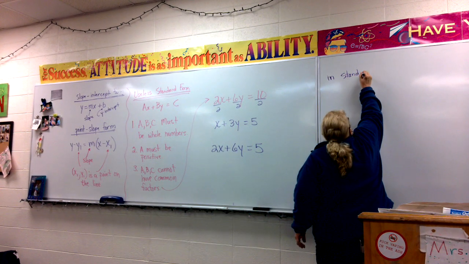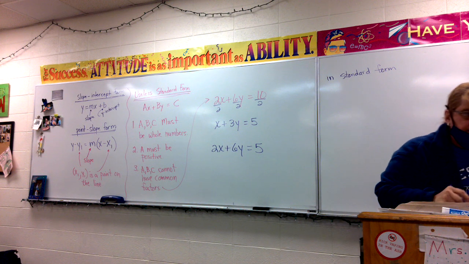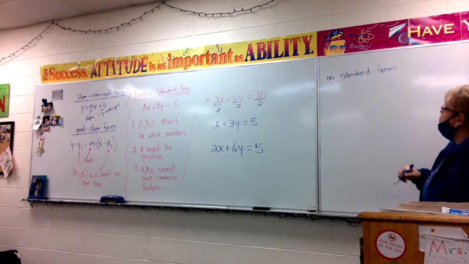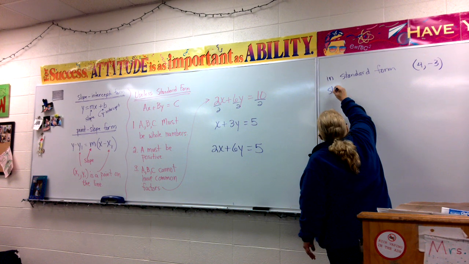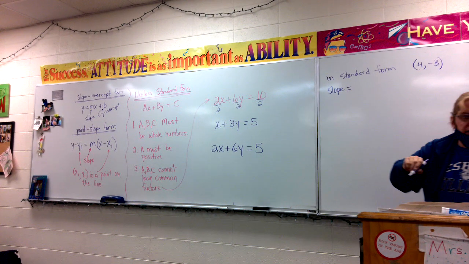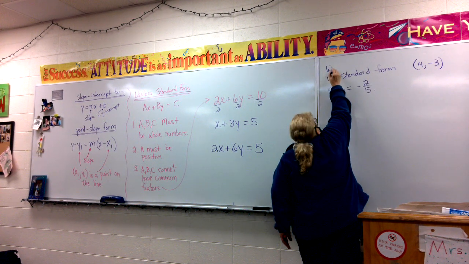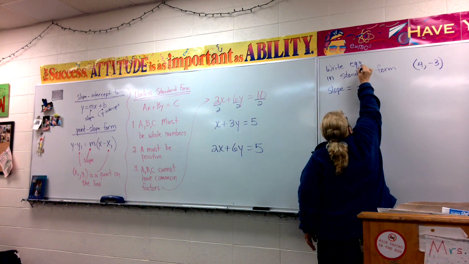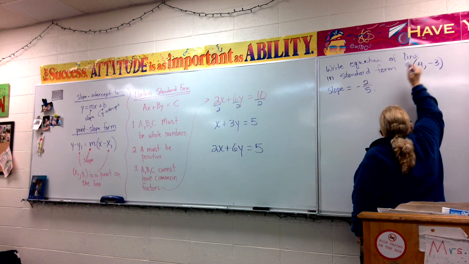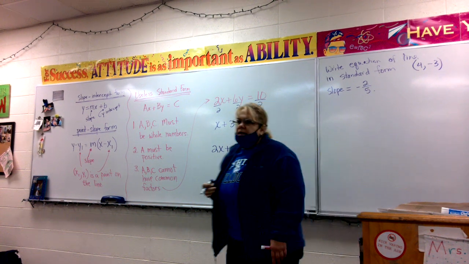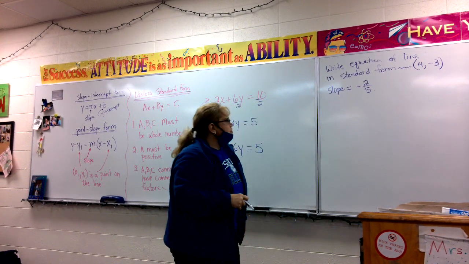In standard useless form, write the equation of the line that goes through the point (4, -3) and has slope equal to -2/5.